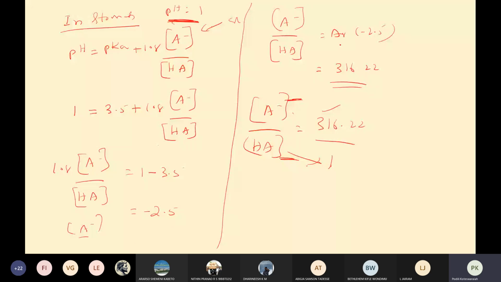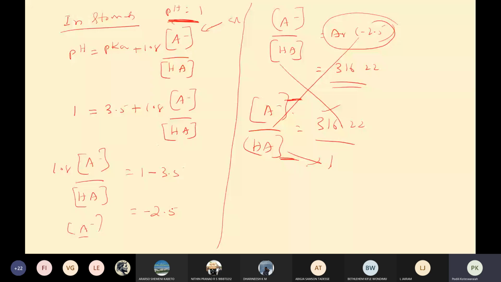So log of salt by acid is equal to 1 minus 3.5, that is equal to minus 2.5.